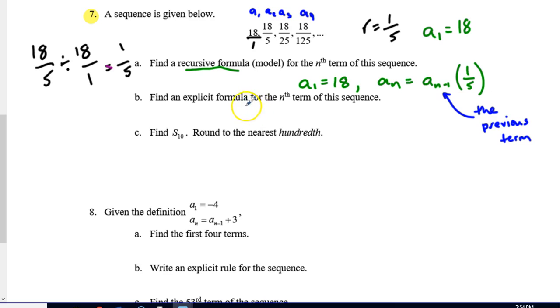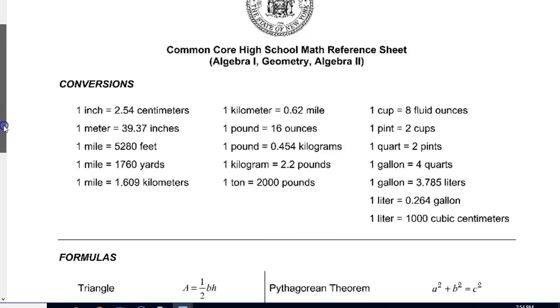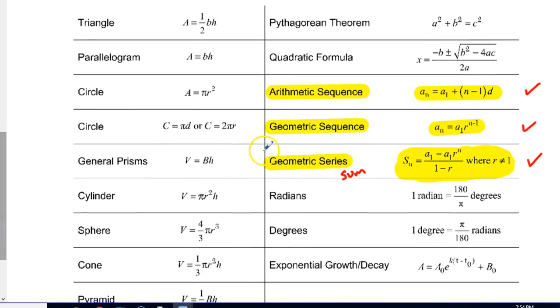The explicit formula, well, remember we talked about earlier, you have your New York State Common Core reference sheet. There's an explicit formula for a geometric sequence that consists of the first term times the common ratio to the n minus 1 power.